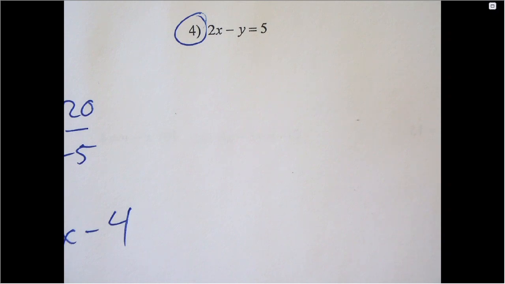Move your 2x over. You're not done after that. There is a division. A negative, because that y is negative.